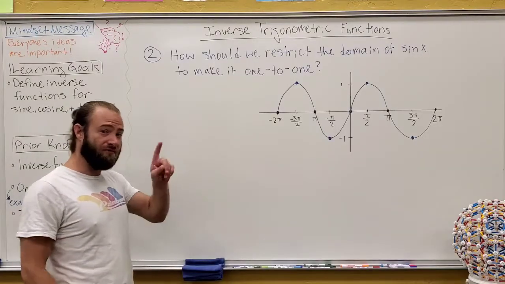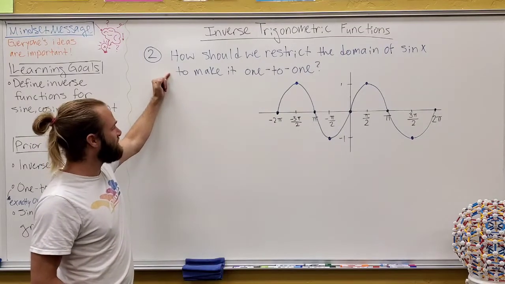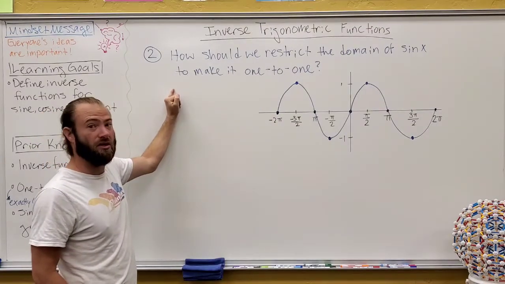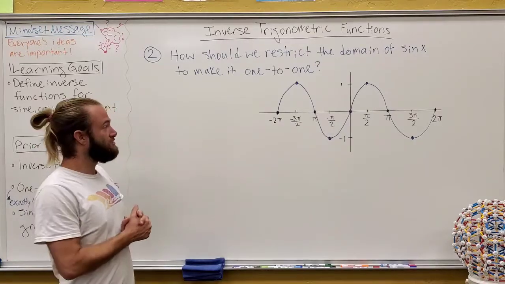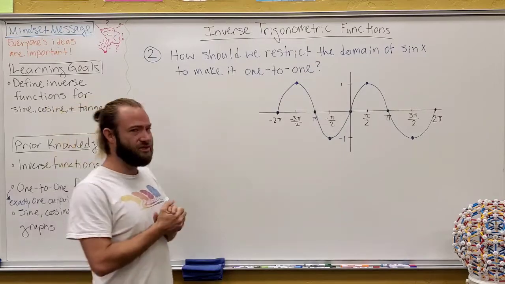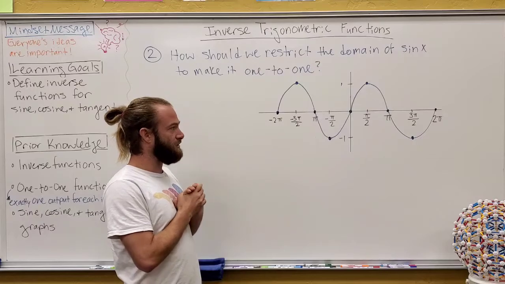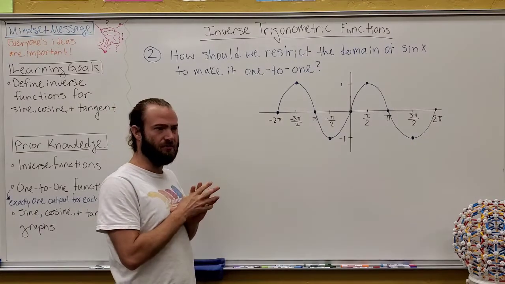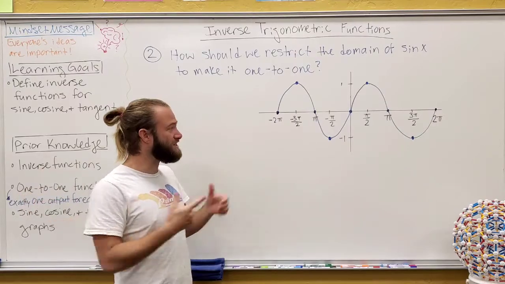So this brings us to our first of 3 questions for today. How should we restrict the domain of sine x to make it one-to-one so that its inverse is a function, right? So here's the graph of sine x. You could just stop and think for a moment to yourself, or as I'm explaining this, what do you think would be some good places to cut away so that sine x is one-to-one.